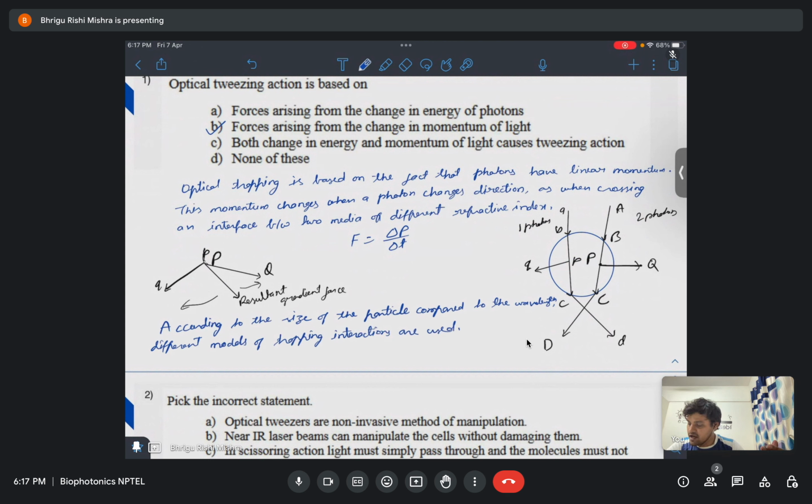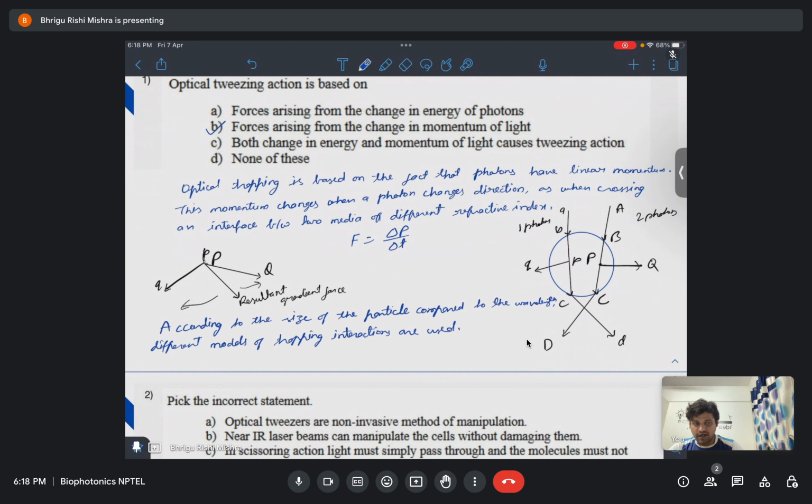When you have a radius much less than lambda, you need to use the Rayleigh model. For radius slightly less than the wavelength, you can use the electromagnetic model.